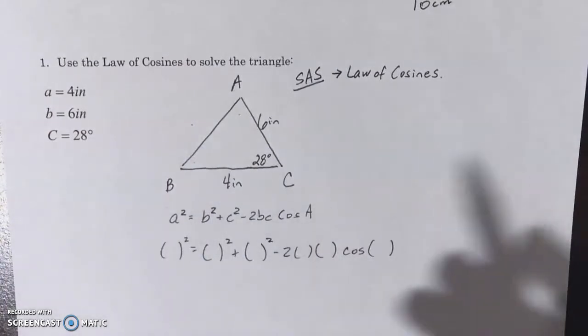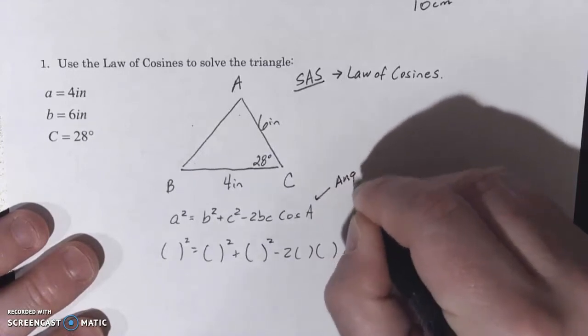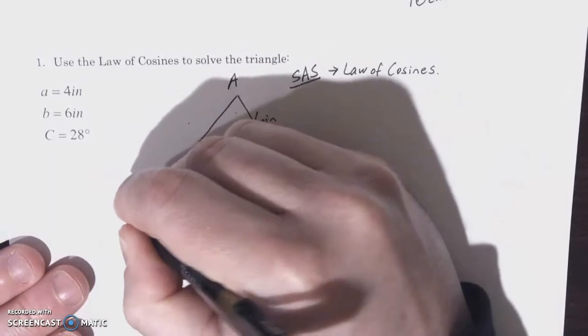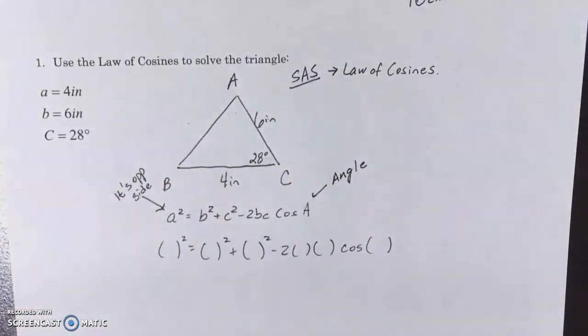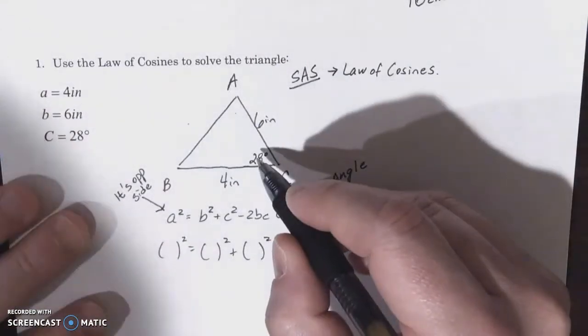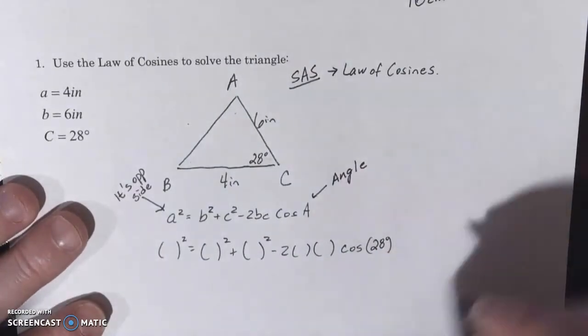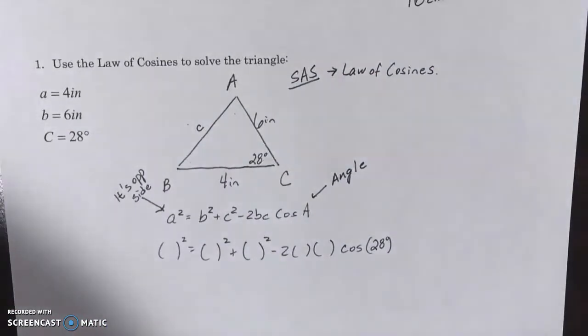Where I would start using the law of cosines is by identifying what angle will be part of this formula, and then that angle's opposite side. The only angle we're given here is the 28-degree angle, so we have to use that one. Its opposite side is actually the one we don't know.